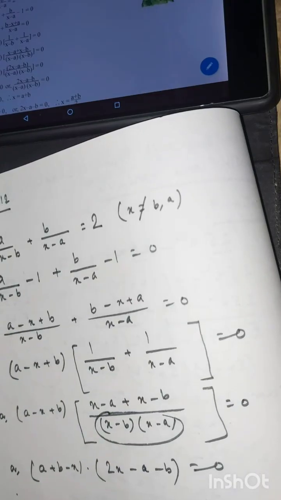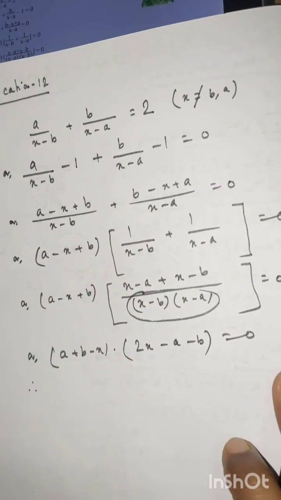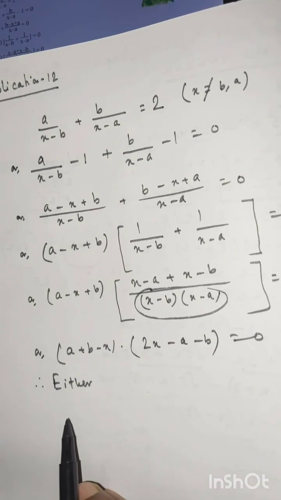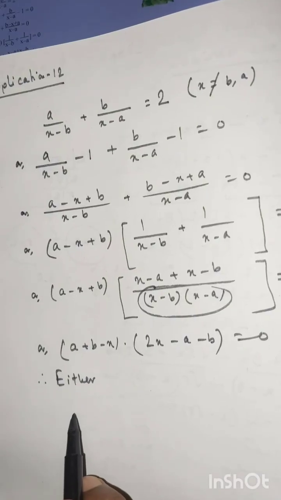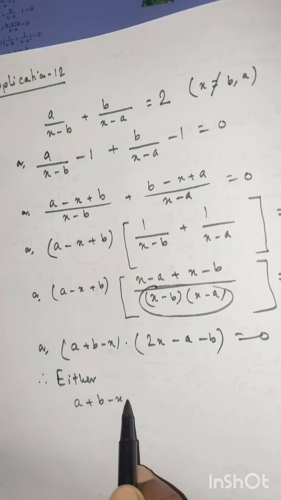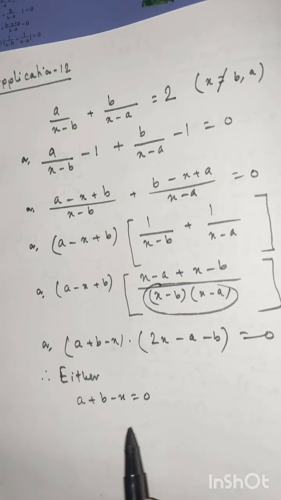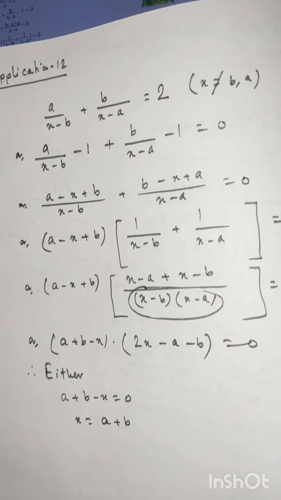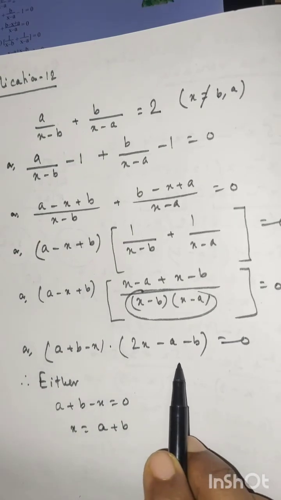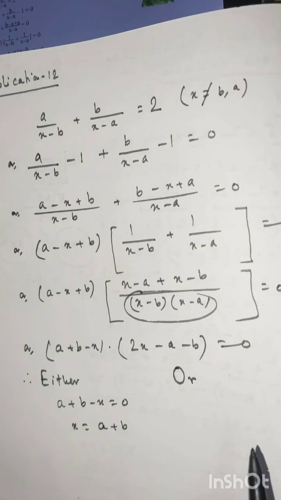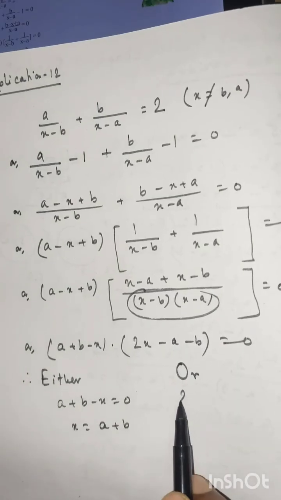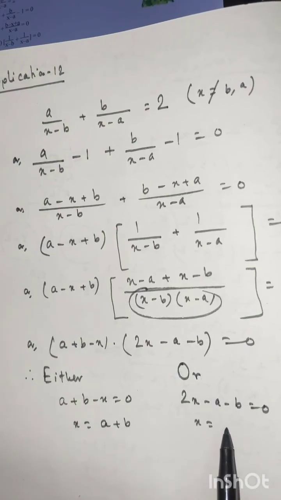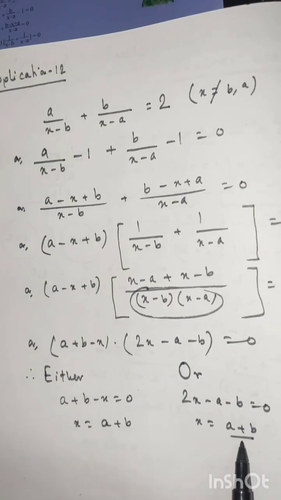So therefore either this is 0 or x equal to a plus b, or x equal to a plus b by 2.